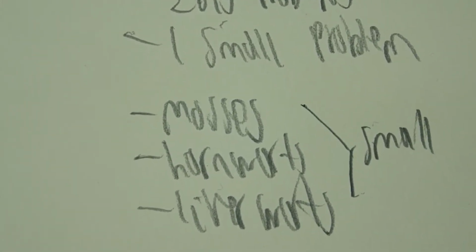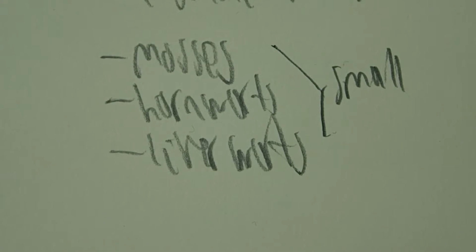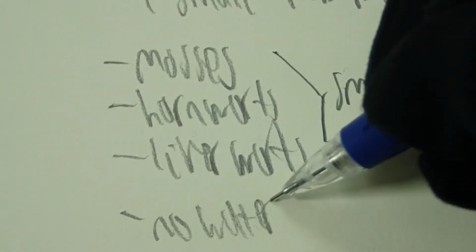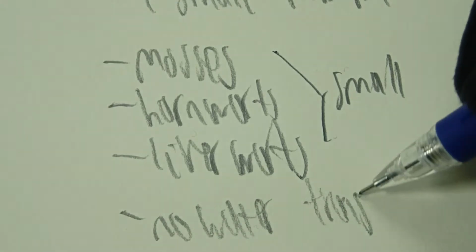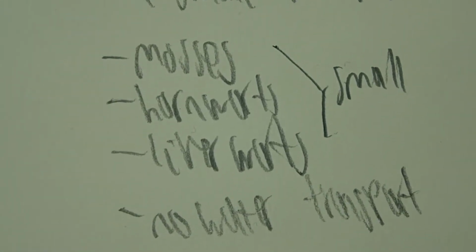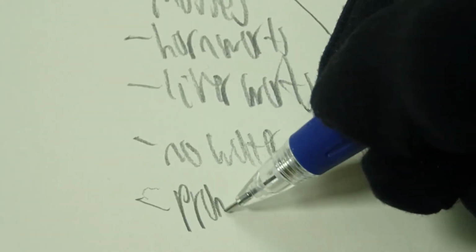And the reason they're so small is because they don't have any ability to transport water through themselves. So, without water transport, they don't have any way to stay wet unless the entire plant is in water. So, prone to dehydration.